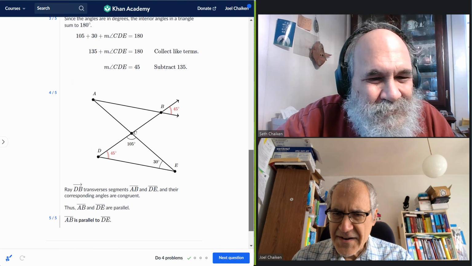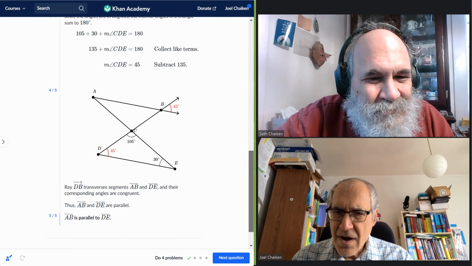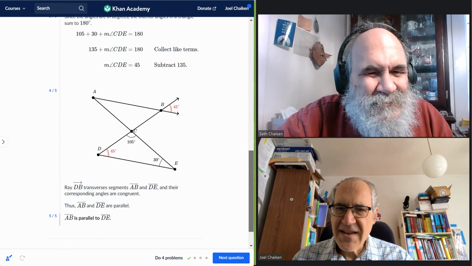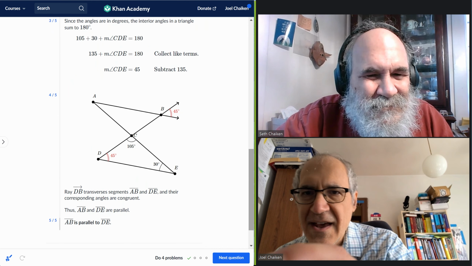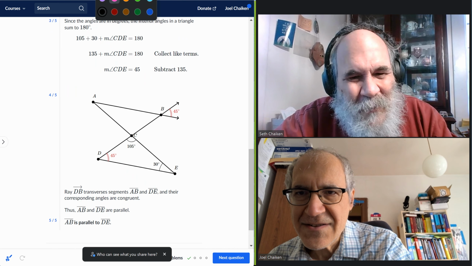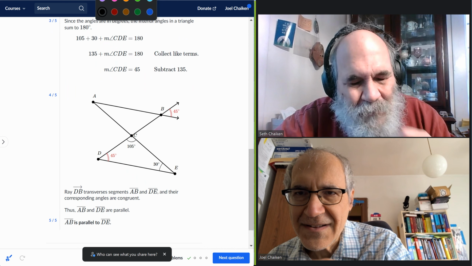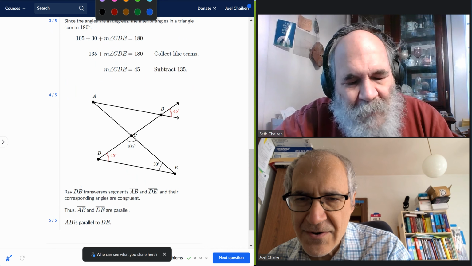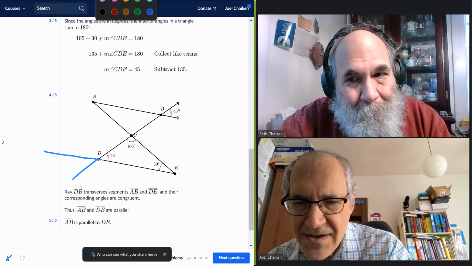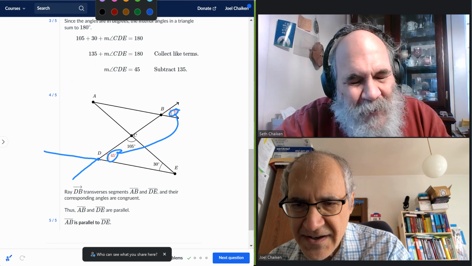Okay, and now they used corresponding angles. They didn't bother with the rest. Okay, fine. So they skipped that. That's good of them. That's reasonable. They noticed that these angles are corresponding angles.